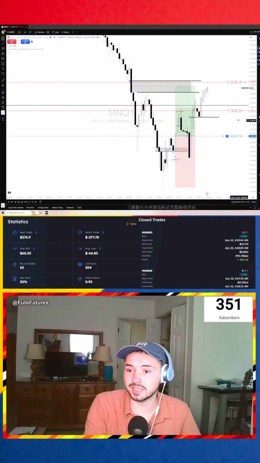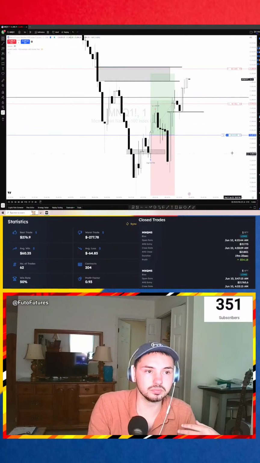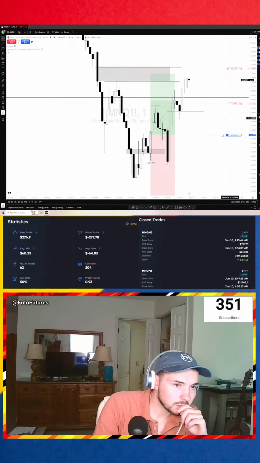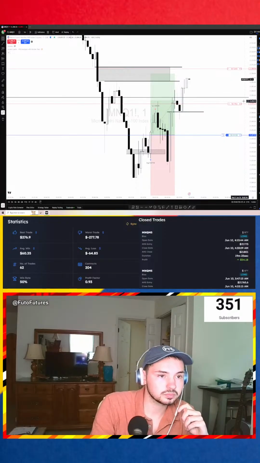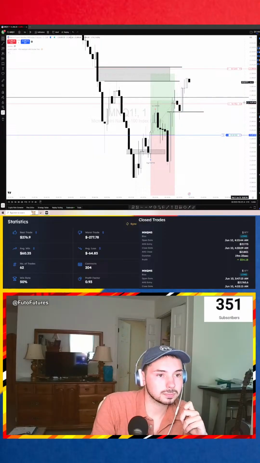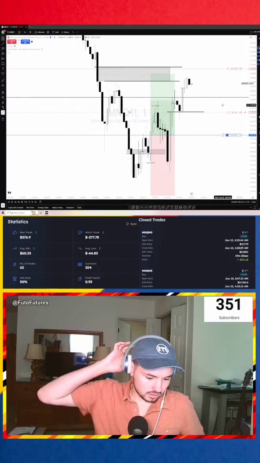If the candle stays green, then I'm going to look for the trade and put my stop loss below this candle. And it will either hit my take profit or it won't. Doesn't look like it's going to stay green. It looks like it wants to retest, but who knows? No, I might keep that down there, actually.